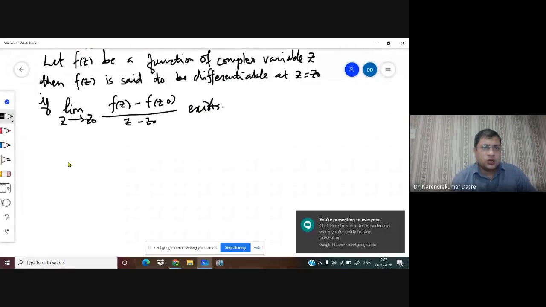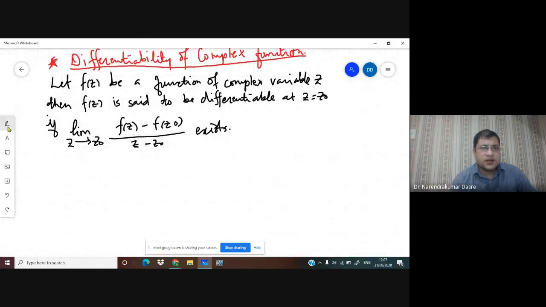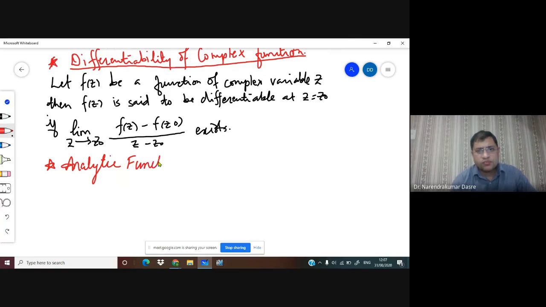Once you know the function is differentiable, then we have to consider the analytic function.